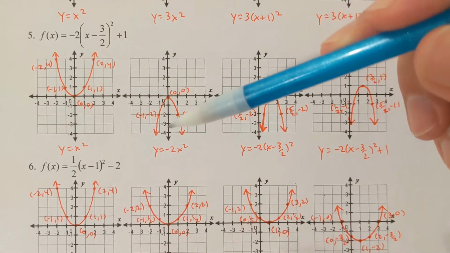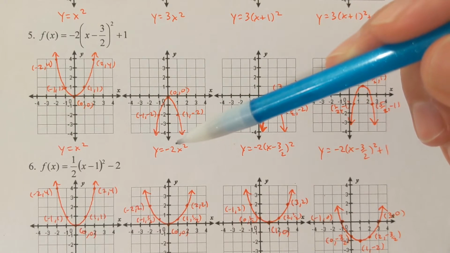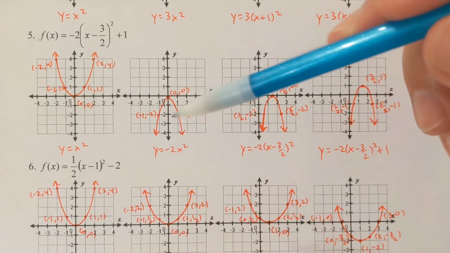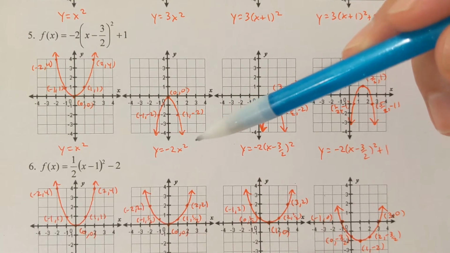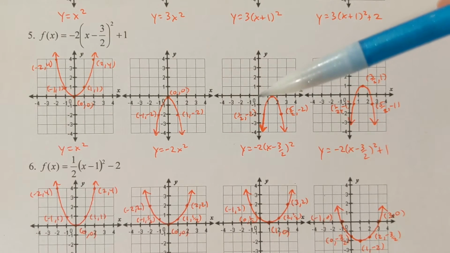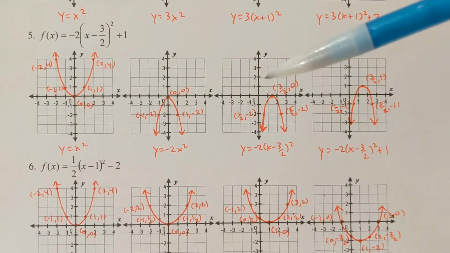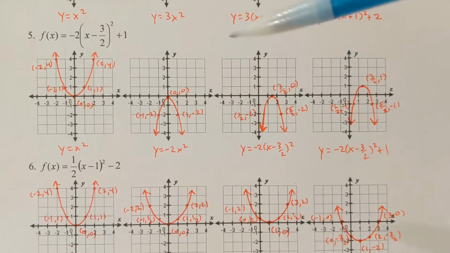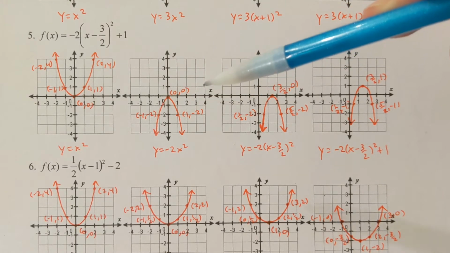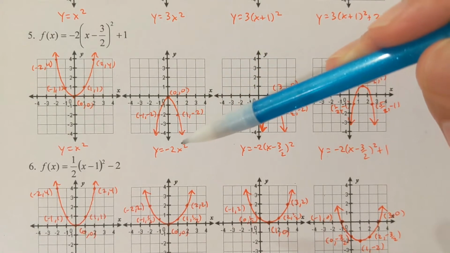Then the next thing I do is look at the a value. For us, that's negative 2, so y equals negative 2x squared. The a value is going to be a vertical stretch or shrink of the original graph. It could also be a reflection about the x-axis, like it is here.